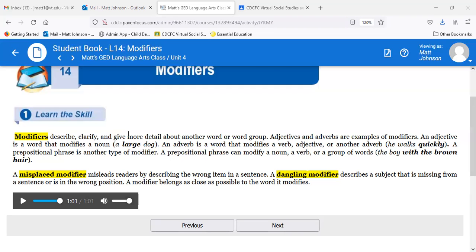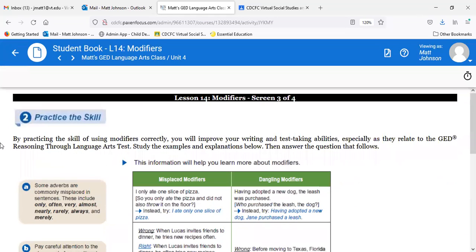So with is a preposition, in is a preposition, out. Words like that are prepositions, and those are prepositional phrases. And then our problem here is that we sometimes put those modifiers in the wrong place. And that can be confusing to the reader or change the meaning of a sentence depending on where we place it.